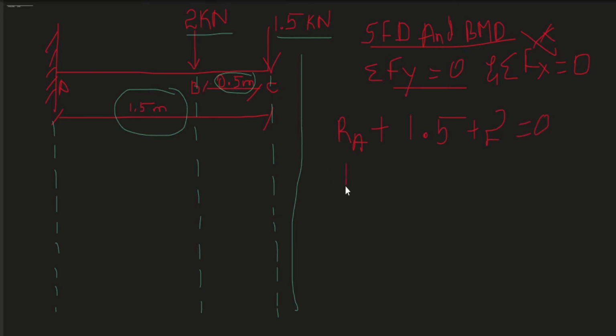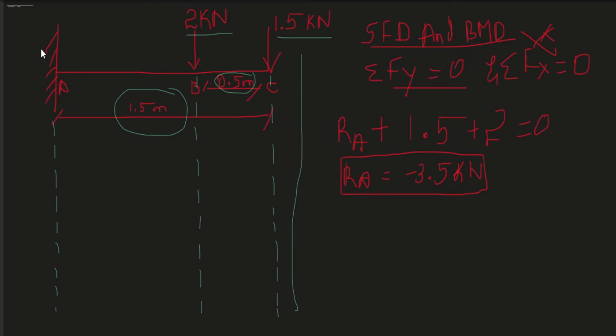So what we get is that the reaction at A is equal to minus 3.5 kilonewton. So we have got all the forces at all the points. Now we can draw the shear force diagram.